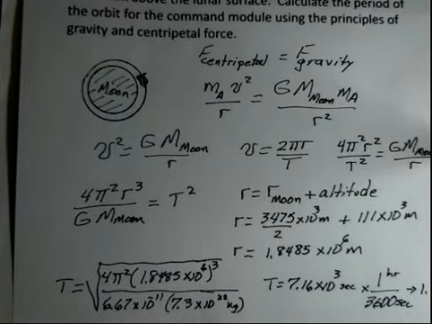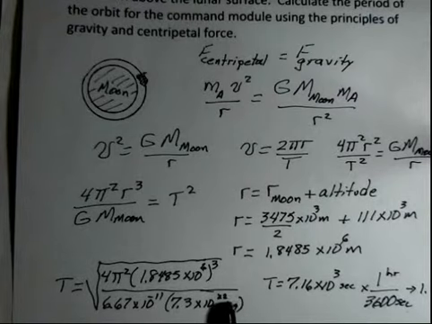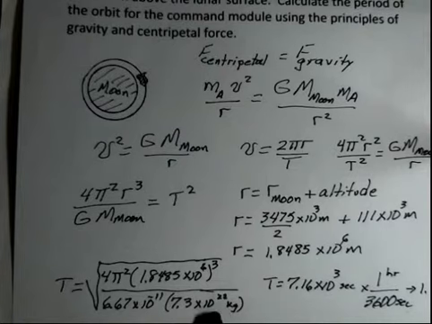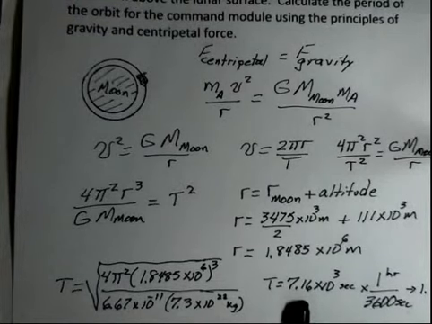That's 10 to the 22nd kilograms, if you can't read that, a little bit small. 10 to the 6th meters for the radius of the orbit, 10 to the 22nd kilograms for the mass of the moon. So pause, do that calculation. You should have 7.16 times 10 to the 3rd seconds.